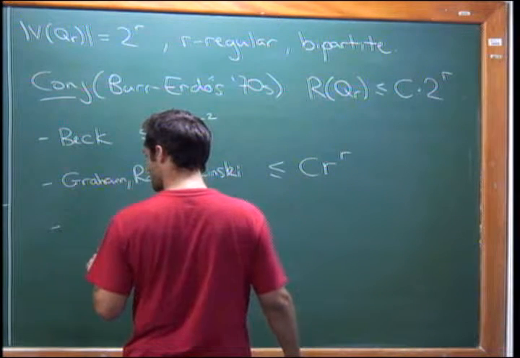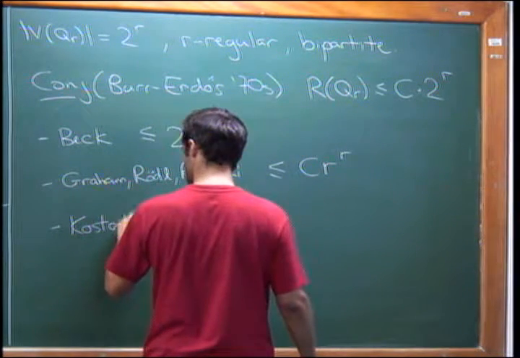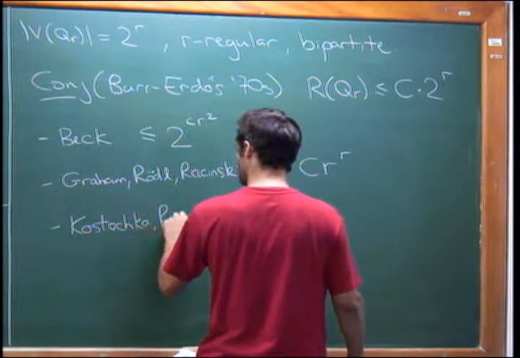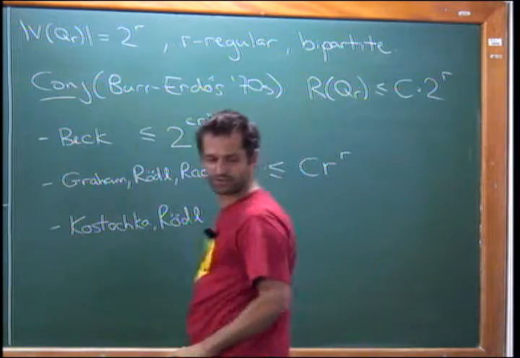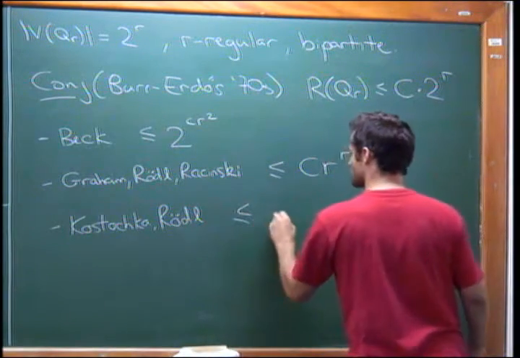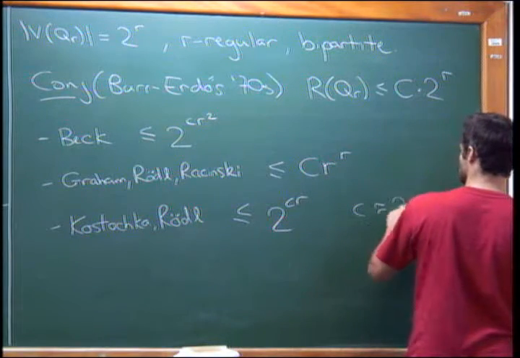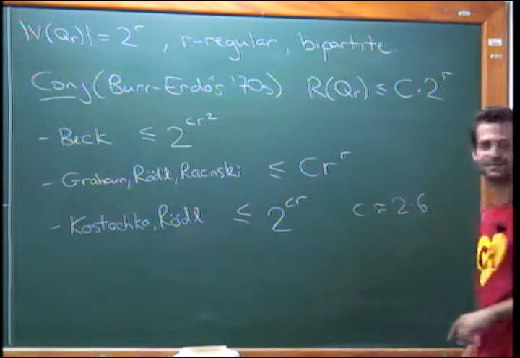And then finally, Kostochka and Rödl, I think I got this right, I'll cheat in a second, showed it's at most 2 to the constant times r, where the constant is about 2.6.